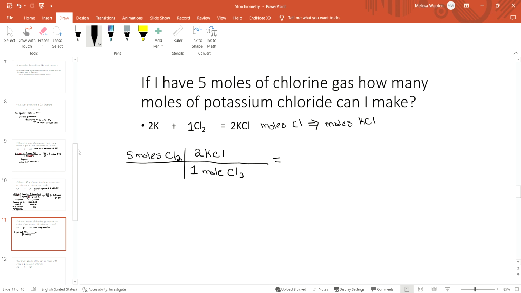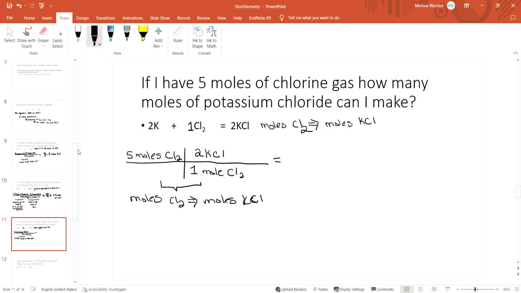And it's as simple as that, because we have gone from moles of Cl2 to moles of KCl. And we had to use the balanced chemical equation to do that.